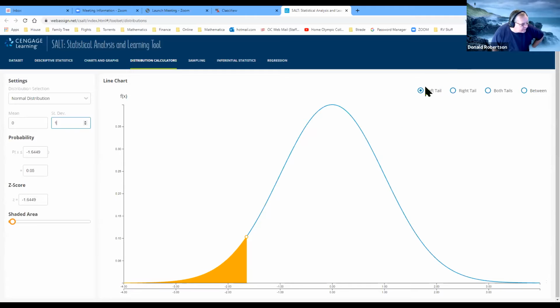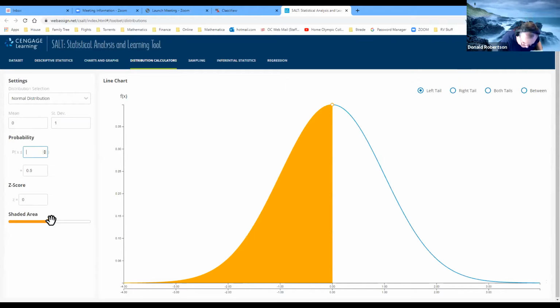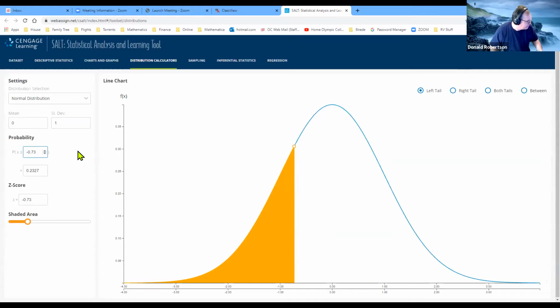Now, click on left-tailed. Remember it was a left-tailed test? Go over here and put in that Z-score that I just got, which was negative 0.73. And when I click out of that, do you see this number right under it?